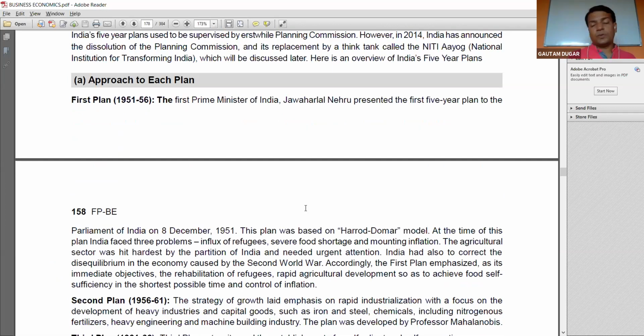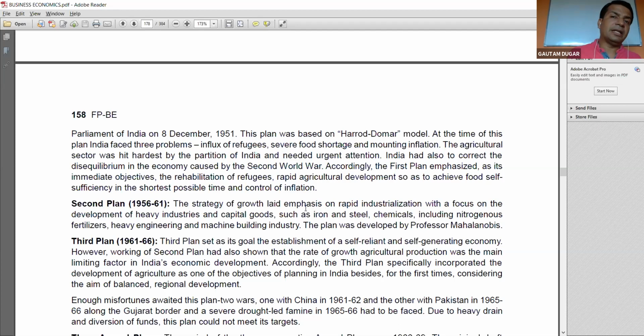The focus of the second plan was on the rapid industrialization of the country. That is, the second plan had laid focus on heavy and capital goods industries. The plan was framed basically by Professor Mahalanobis, and hence the plan is also called the Mahalanobis model.